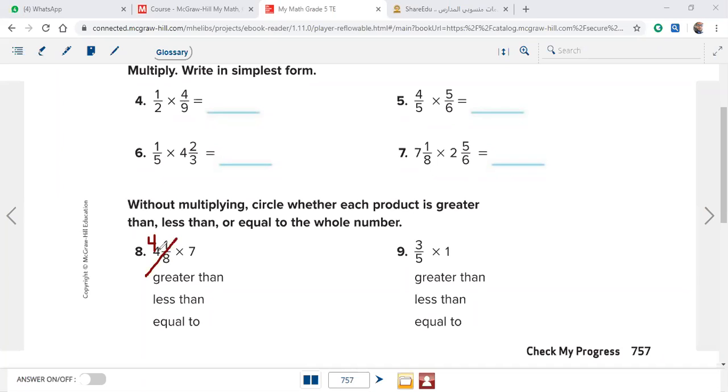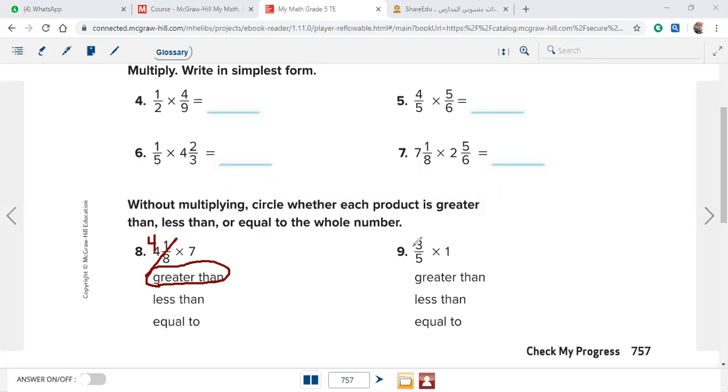Yes, it's less than, because I take away the fraction part of the number. So the answer is greater than the whole number. Okay, it will be greater than.